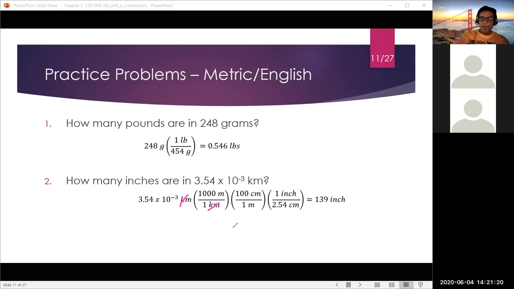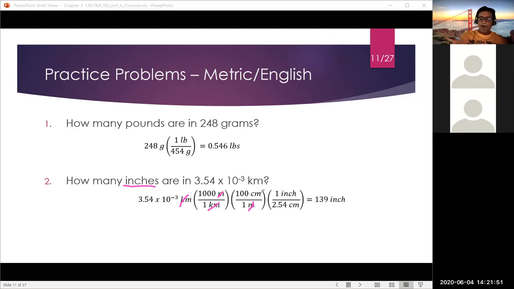Now, I'm not where I need to go because I need to go all the way to the units of inches. So I need another factor to get rid of meters and eventually get to inches. I know that in 1 meter, there are 100 centimeters. So I got another factor here.